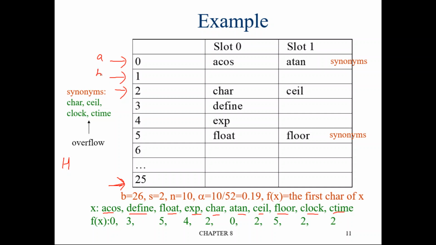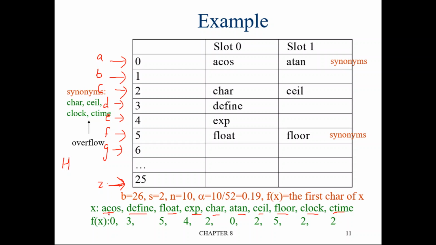If B, map to the first location. If C, map to the second location. If D, third location. If E, fourth location. If F, fifth location. If G, sixth location, and so on and so forth. If it is Z, map to the 25th location. So that is the hash function.